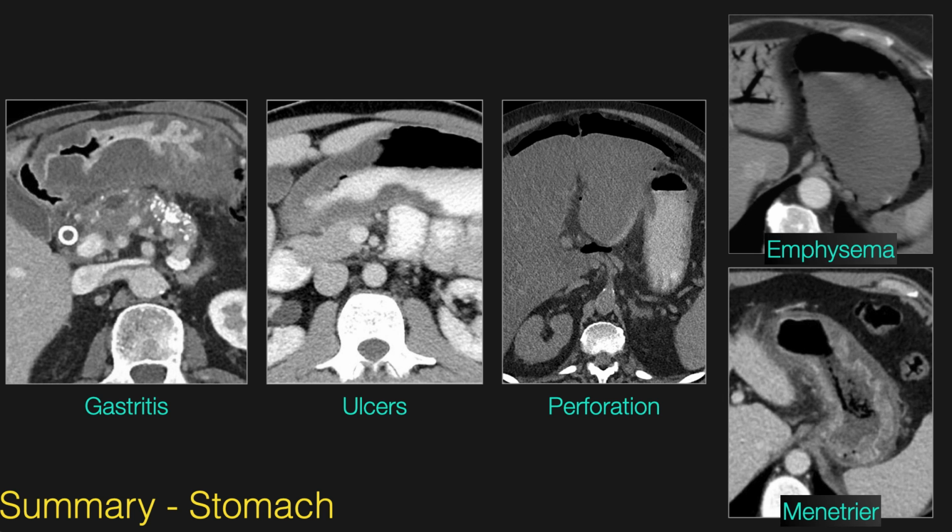Two common causes of gastric inflammation are related to pancreatitis and peptic ulcer disease. When gastric or proximal duodenal ulcers perforate, you will usually see a predictable pattern of air, fluid, and inflammation to help you be confident about your diagnosis. And less common gastric pathology includes emphysematous gastritis and Menetrier disease.